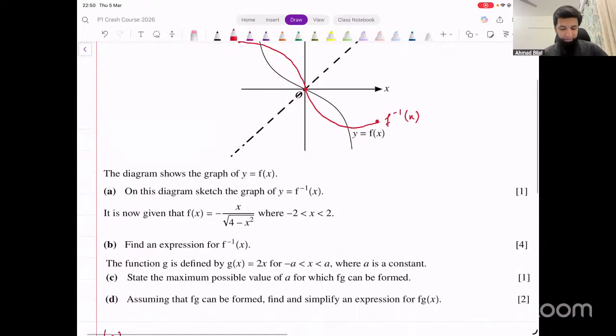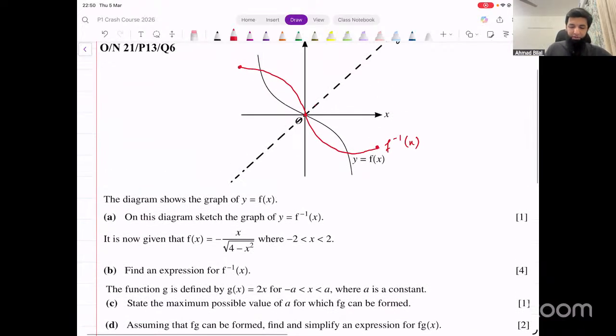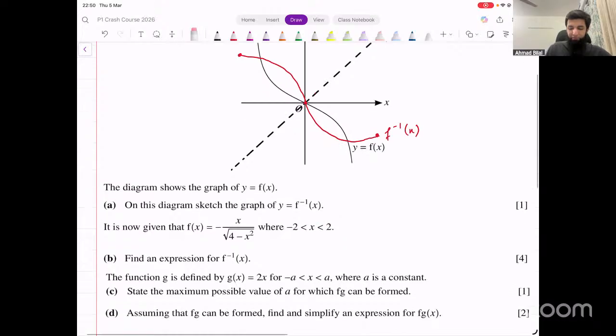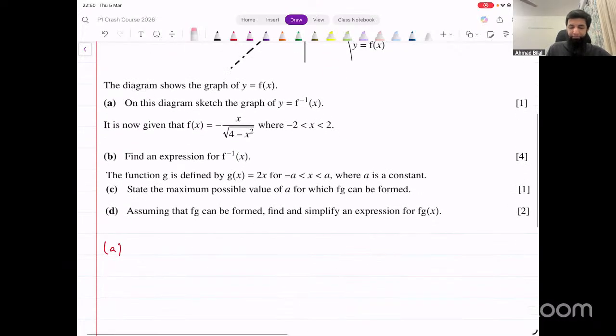Now it says it's now given that f of x is equal to this. Now they've given you the function f of x equal to this. And they're saying the domain of f is x between -2 and 2. We need to find an expression for f inverse of x. How do you find inverse of this function?